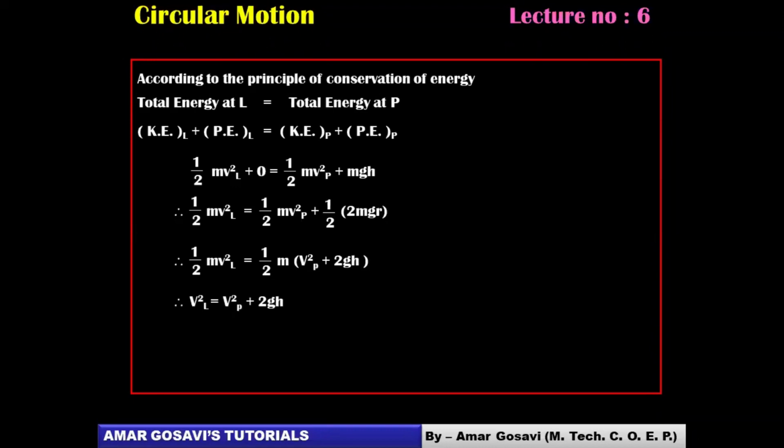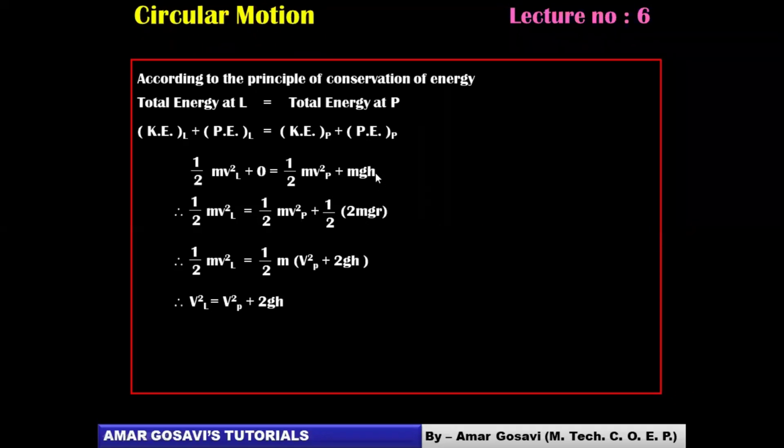Okay, so from this you can work out the value. So what you can say is, m v P square, and the potential energy is 2 mg h. Instead of r, it will be h basically. So not 2r, but h over here, which has been taken into consideration here.